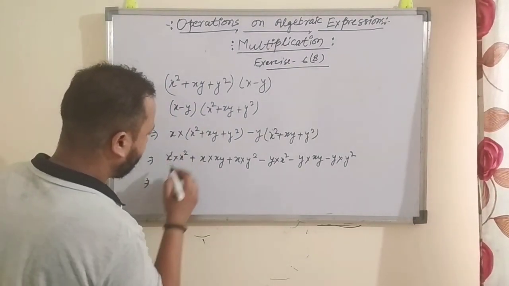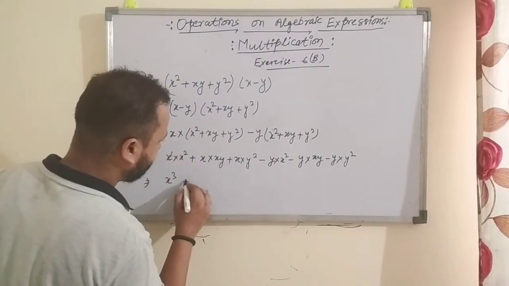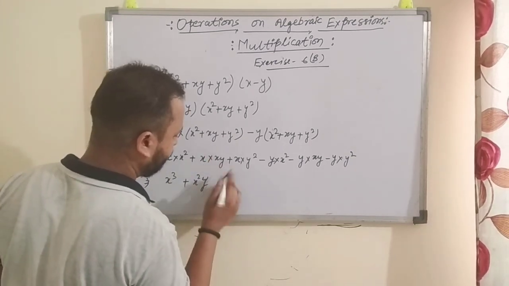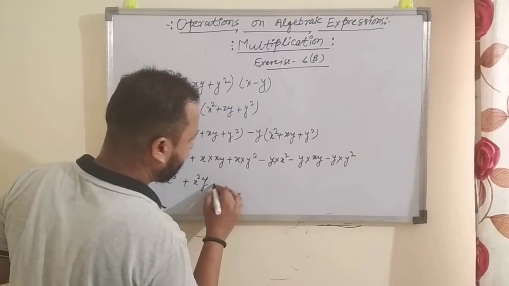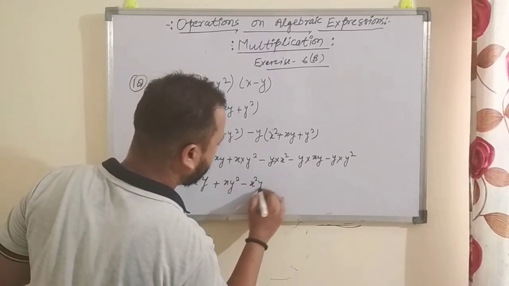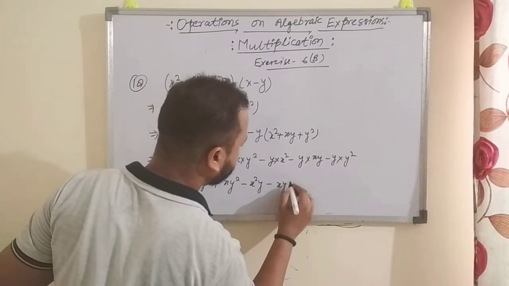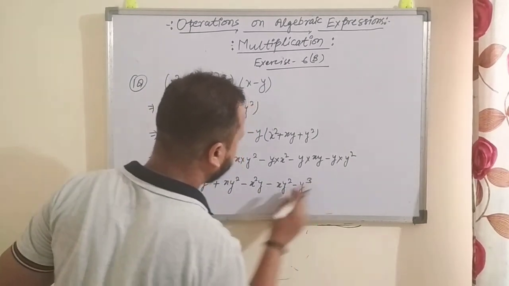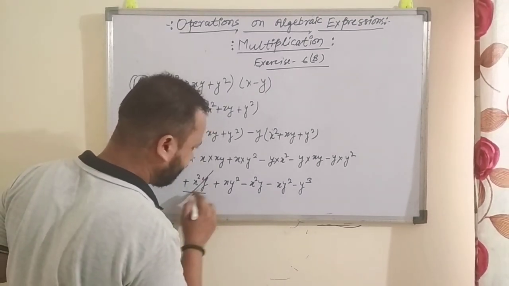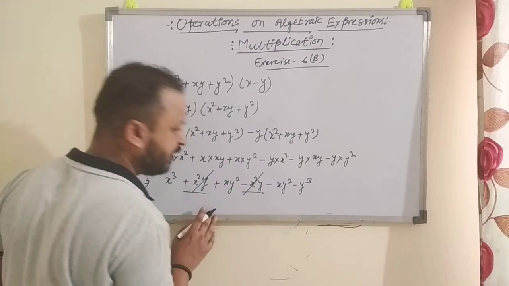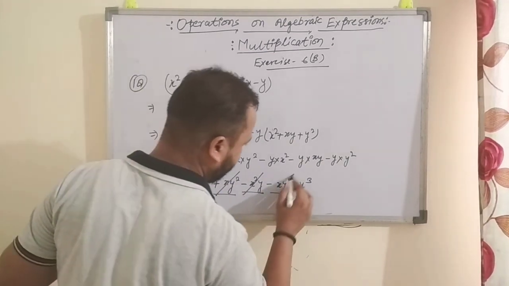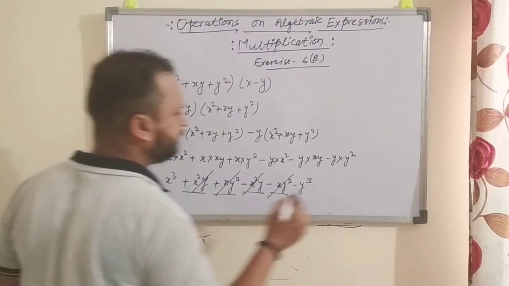So here x power 1 and x power 2, so x cube plus x square y, and here x power 1, plus xy square minus x square y minus xy square minus y cube. So here x square y with positive sign and x square y with negative sign, they got cancelled. xy square with positive sign and xy square with negative sign, they got cancelled.